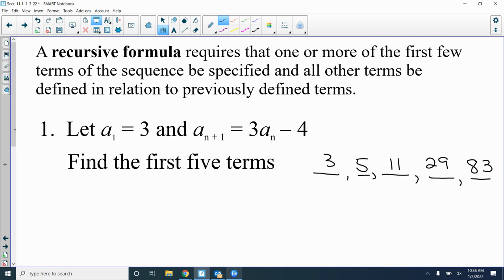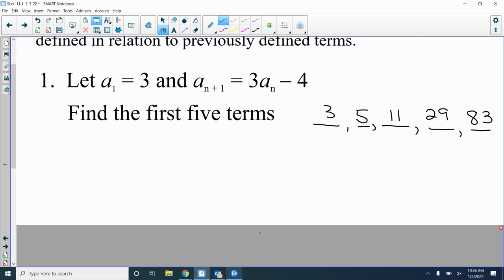Now, to go through this, to get the next term, which would be a sub n plus 1, you use the previous term. Well, I know the first term. If I want to know the second term, what does n have to equal? Think about this. n has to equal 1. So if n equals 1, that means I get a sub 2. My second term is 3 times a sub 1 minus 4.